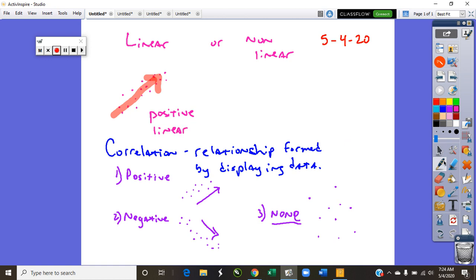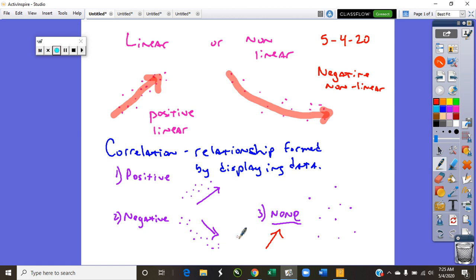Now, let's say that I had dots like this on the display. Yes, it's going down, but it kind of curves like this. This would be what we call a negative correlation, and it's non-linear. Now, if you ever have a correlation that is none, it's not going to be linear or non-linear. It's just going to be no correlation, or none.